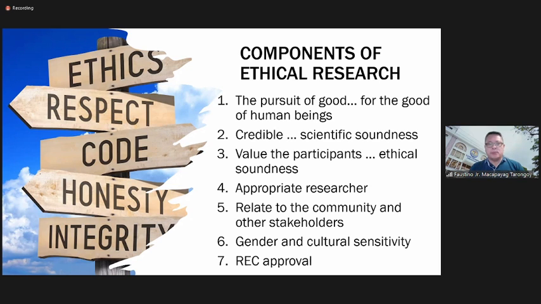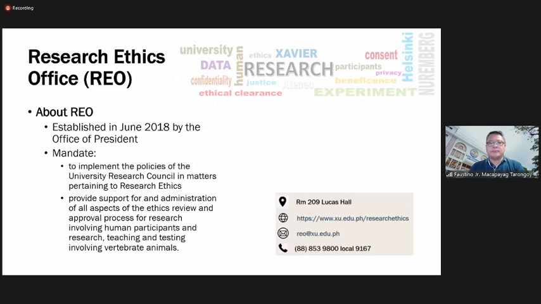Whatever research pursuit you have, there has to be a clearance first. When you get the clearance, that means you can proceed with your research because all of the ethical considerations have already been considered when you made your proposal.